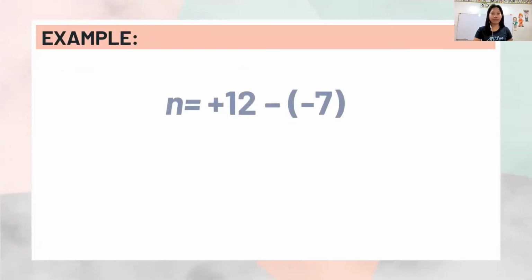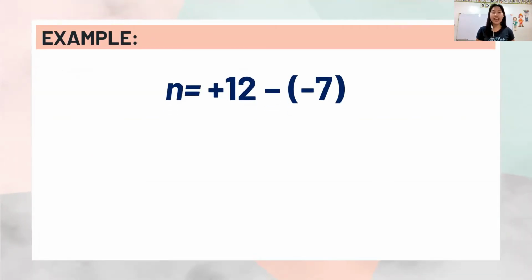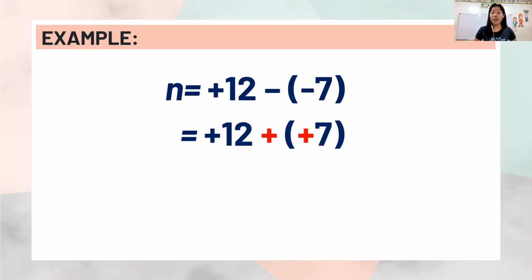Another example. n equals positive 12 minus the quantity of negative 7. This becomes positive 12 plus the quantity of positive 7. As you can see on the second line, the subtraction sign becomes addition sign. From subtraction, the operation becomes addition. And the number after the operation sign becomes positive, because we have to replace the sign of the number with its opposite.